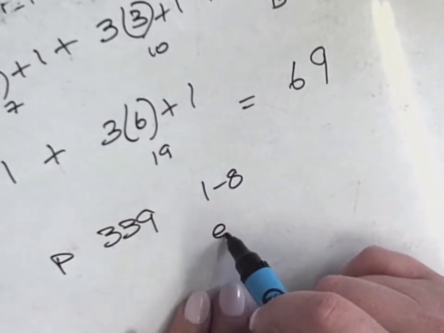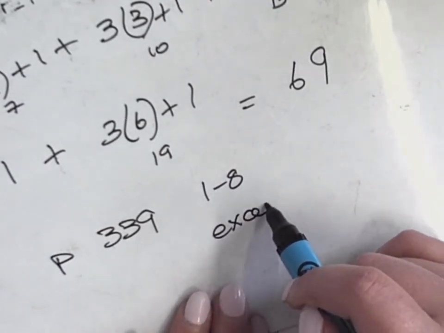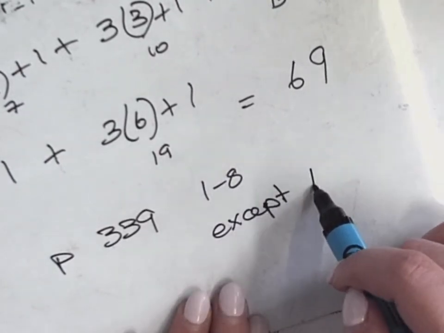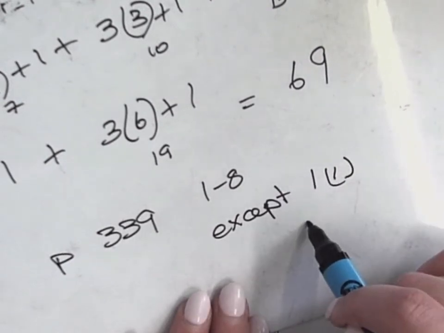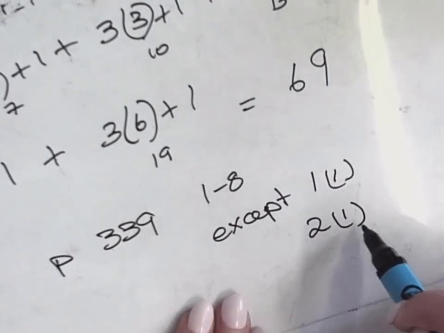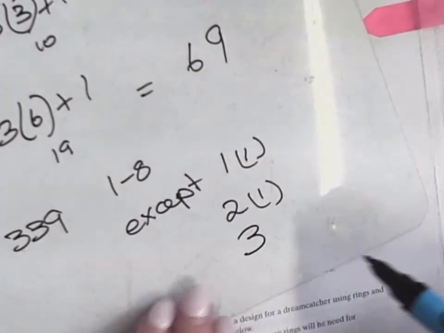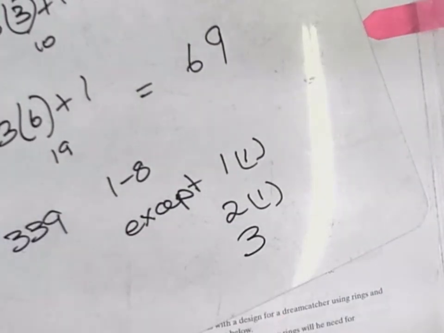Now I've done some of these as my examples, so 1 to 8 except 1 part 1, 2 part 1, and number 3. Is that okay?